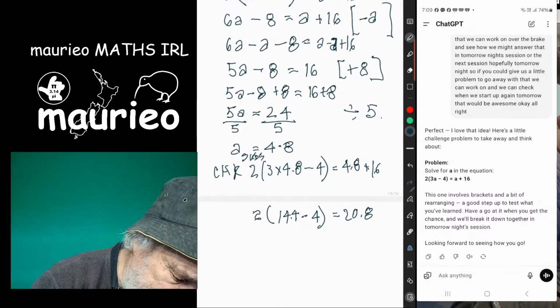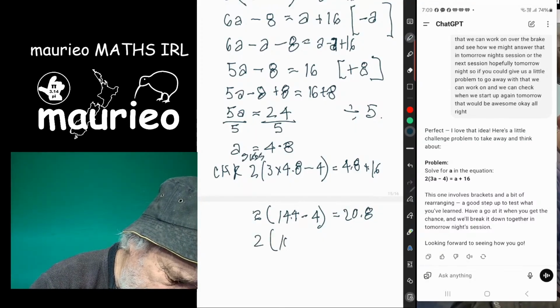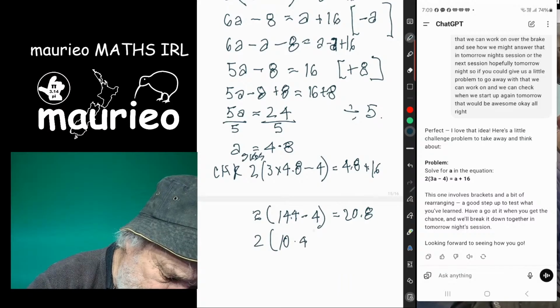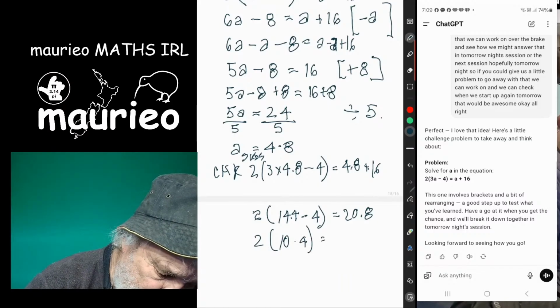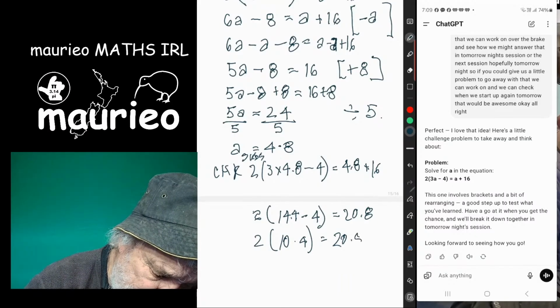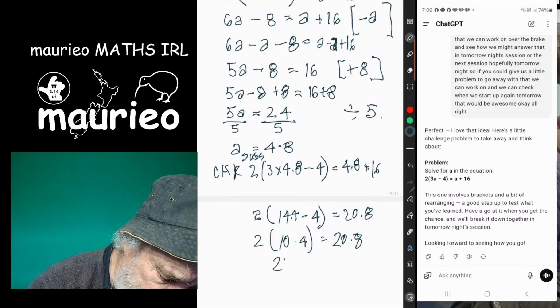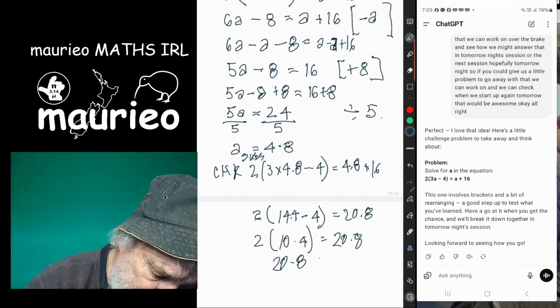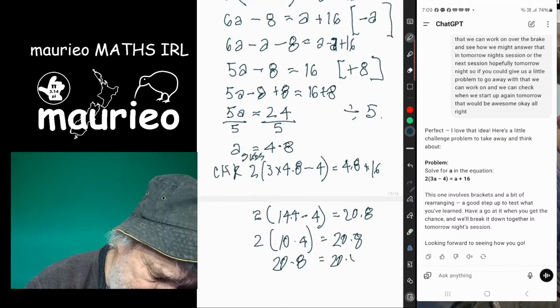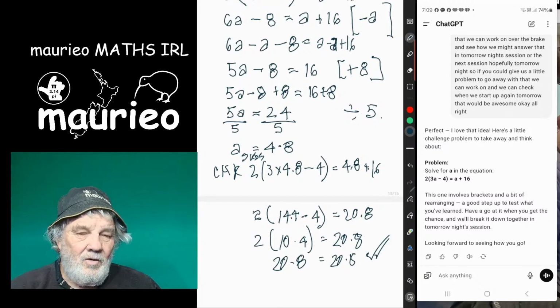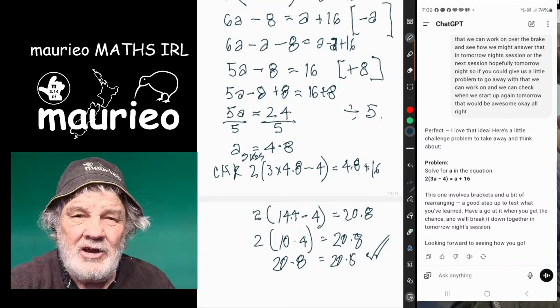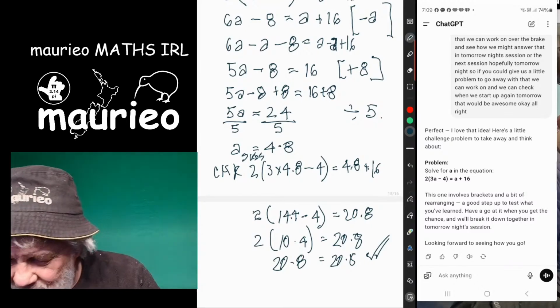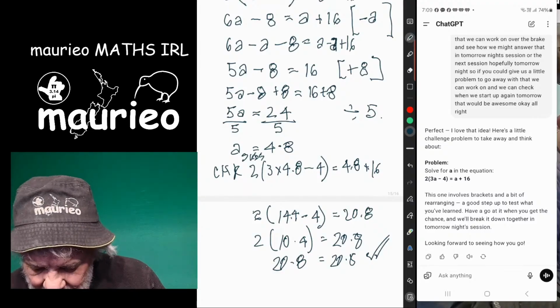So that's 2 times 10.4 equals 20.8, and 20.8 equals 20.8. So 2 checks, it looks right. 4.8, very good.